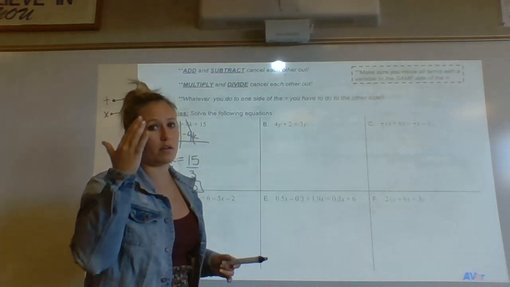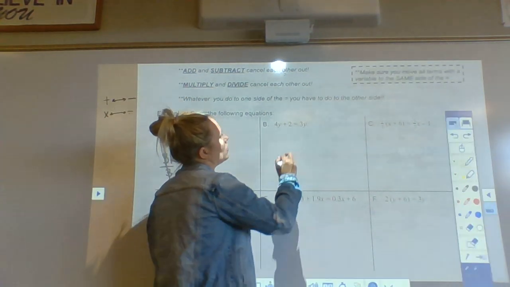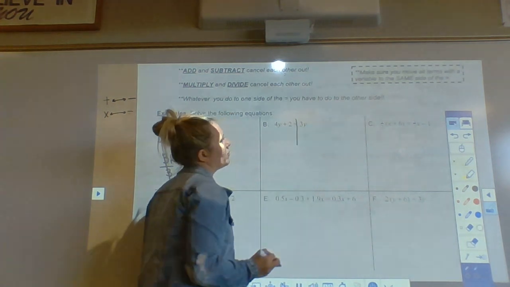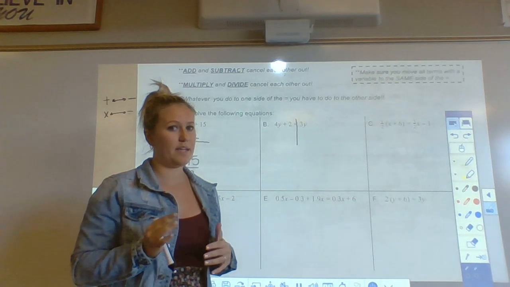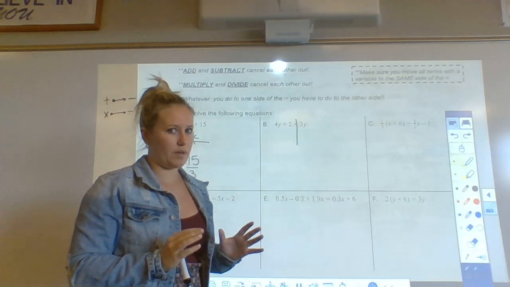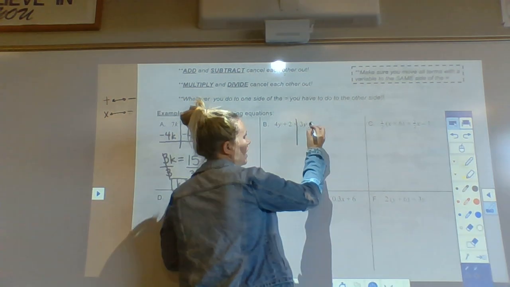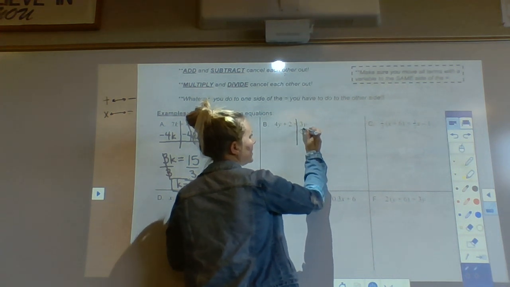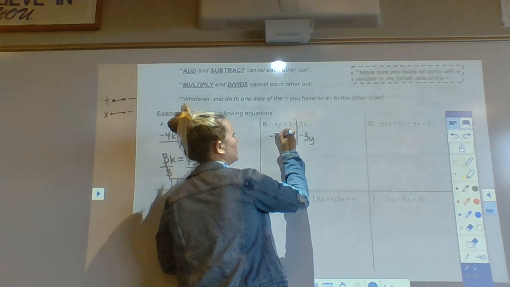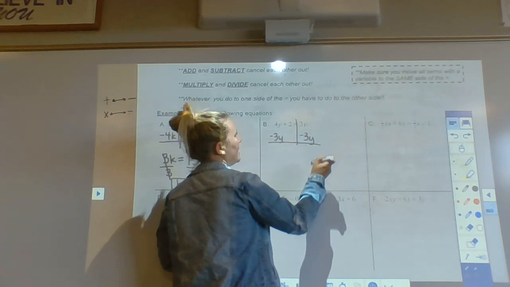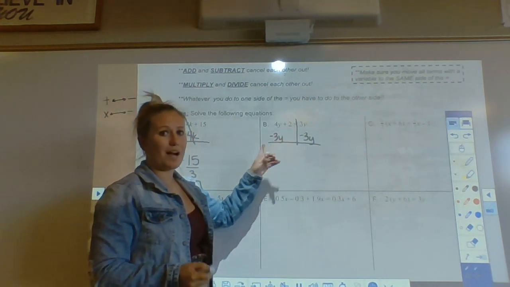So, what am I saying? B. The 4y was given to me. All right, so we can move the 3y, which I said was the easier thing to keep it positive. If I do that, watch what happens. If I move 3y, that's positive right now. I'm going to make it negative. Okay, now 2 minus 3y doesn't make any sense.